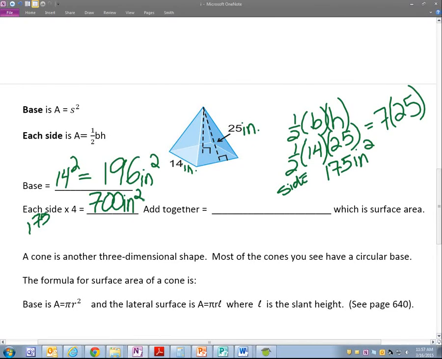You can't multiply a multiple of 5 and have a 1. It's always going to be a 0 or a 5 in the ones digit. So I add them all together, and what do you get? You get 896. Yeah. 896 inches squared, which is the whole surface area.